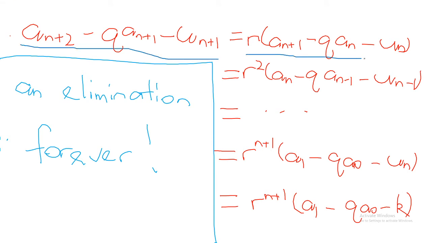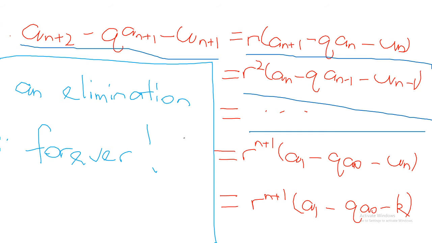we can just apply the steps over and over again, and we can get the thing that an plus 2 minus q an plus 1 minus un plus 1 is r to the n plus 1's power times a1 minus q times a0 minus k.